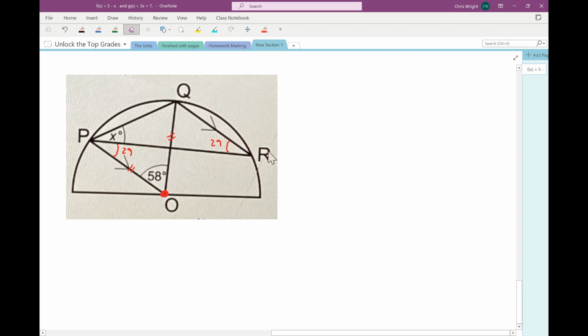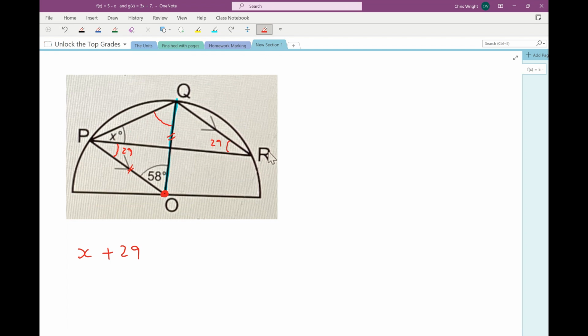Oh, look. Do you agree that this angle here, looking at that isosceles triangle, which we identified earlier, do we agree that that angle at Q is going to be x plus 29, the same as this angle at P?